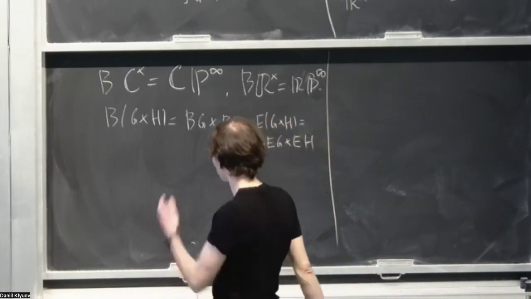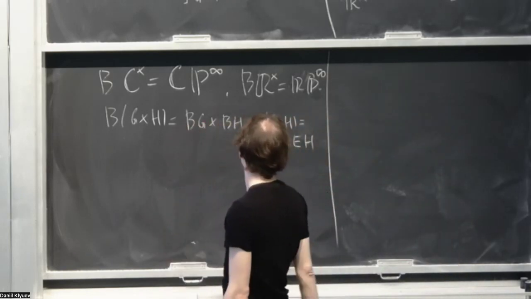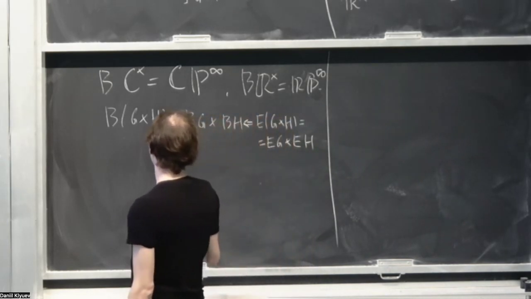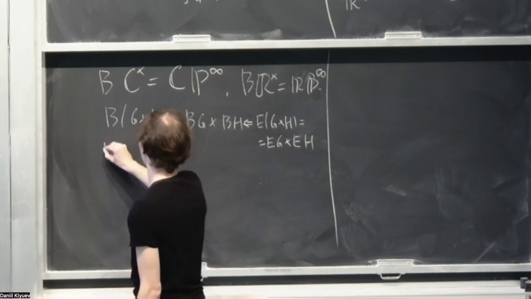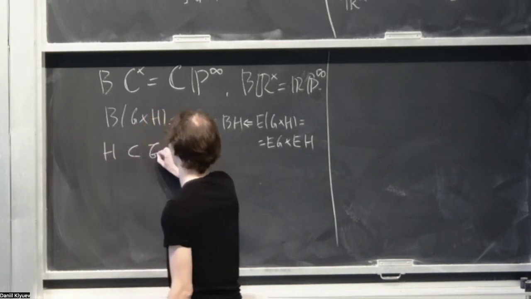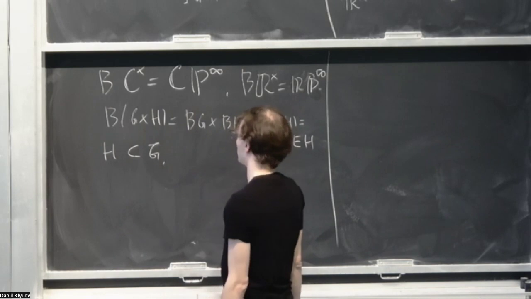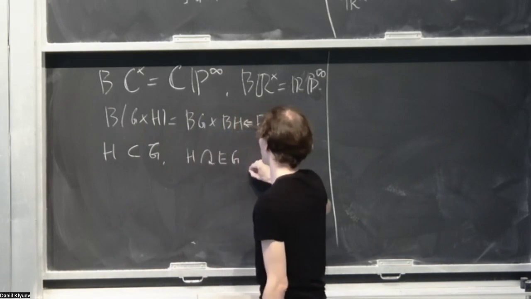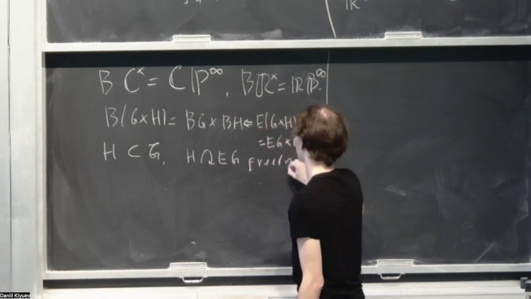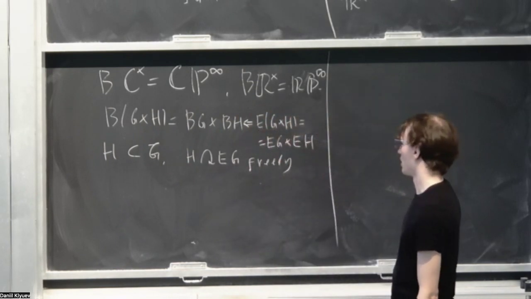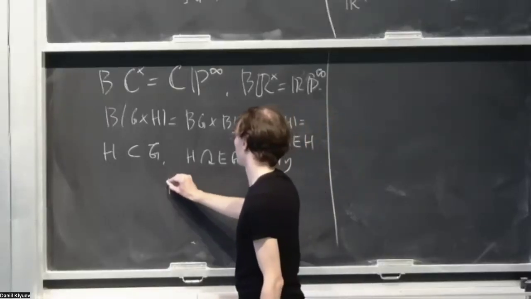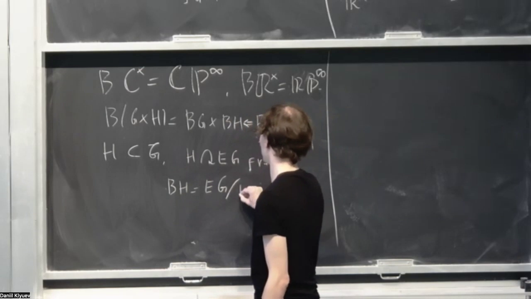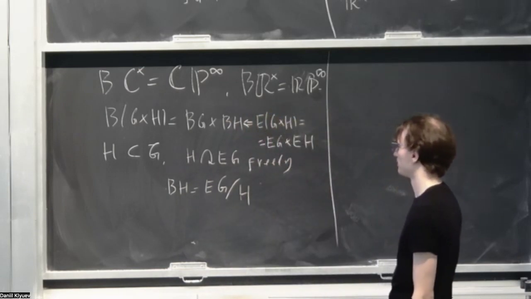Also, if H is a subgroup of G, then H acts on EG freely, so one possible choice for BH is EG over H.